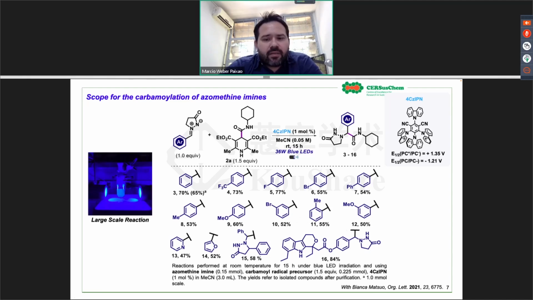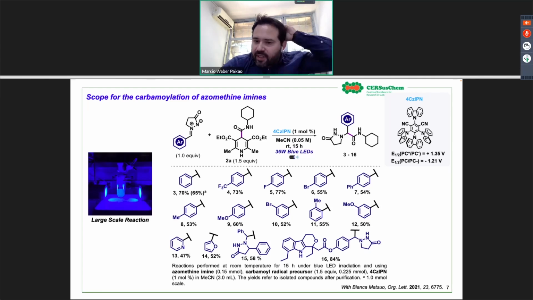Likewise, pyridines and furans, which are privileged pharmacophores, were also competent towards the carbamoyl radical installation. And the azomethine imine bearing a phenyl substituent on the pyrazolidinone ring is also compatible, as in example 15. However, the product is generated as a 1-to-1 diastereomeric ratio.